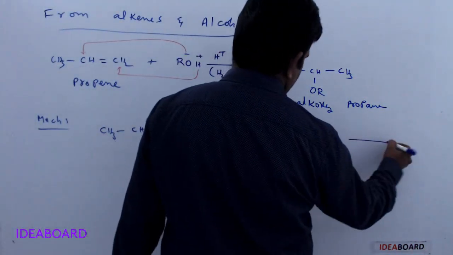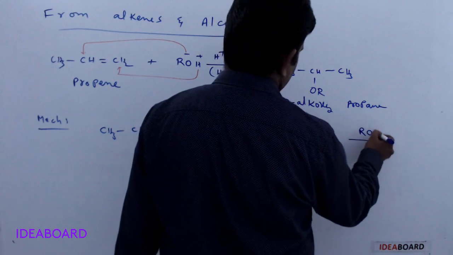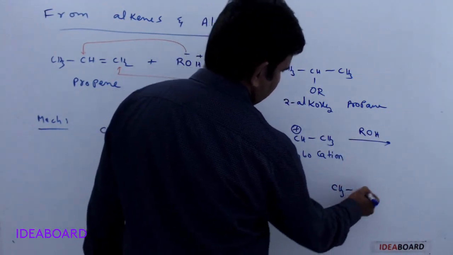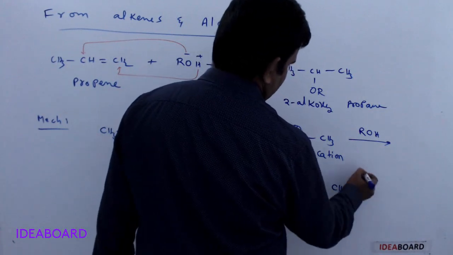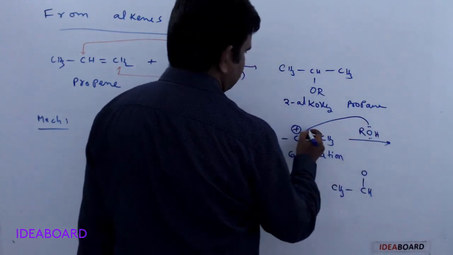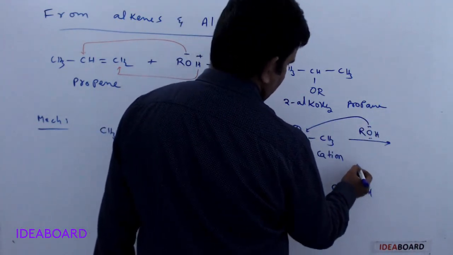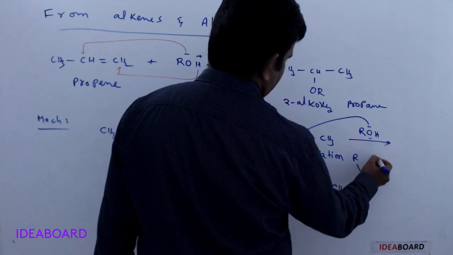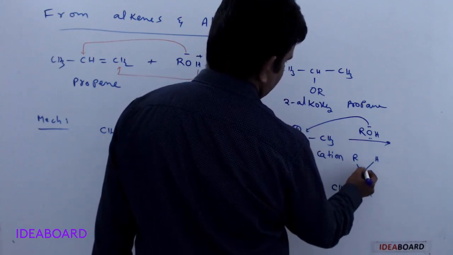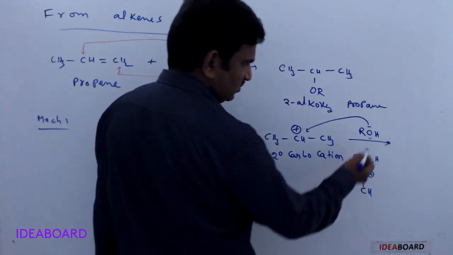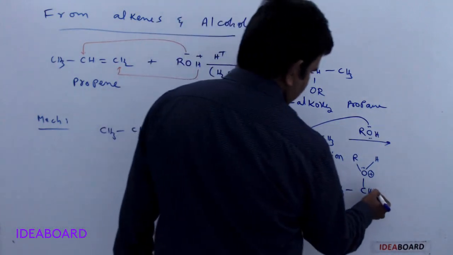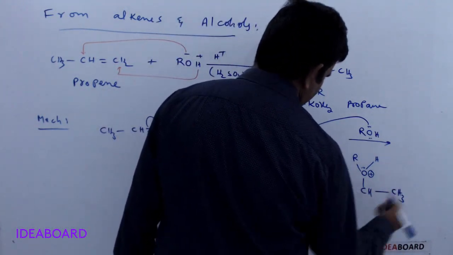And this further reacts with ROH, and then it forms CH3, CH, and here O is added. The alkoxy group, that is oxygen, is added on this, and it has R and H, and it has a positive charge because it has only one lone pair. It has two lone pairs, one lone pair, the second lone pair is in bonding, and this has a CH3 group.